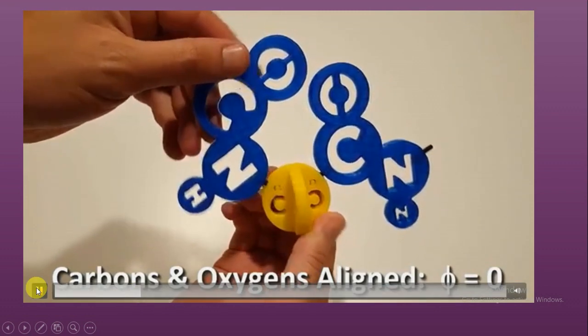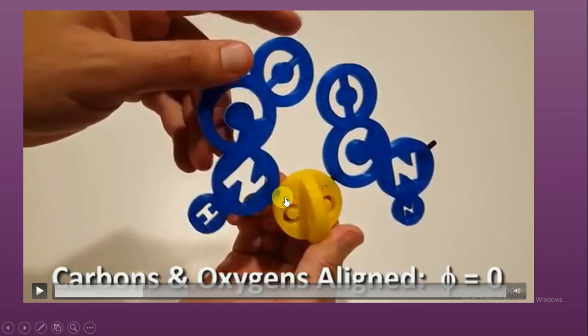And you can see here, if this carbon and oxygen are aligned in this way, then phi is equal to 0 degree, meaning simply that the plane of this alpha carbon and the plane of this peptide bond are parallel to each other, that is phi is equal to 0 degree.